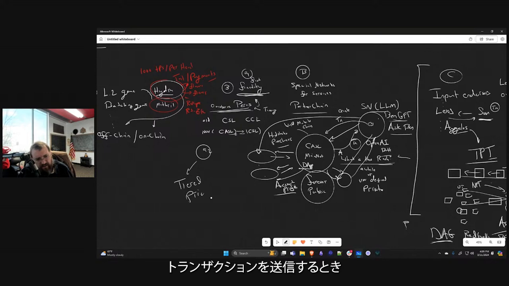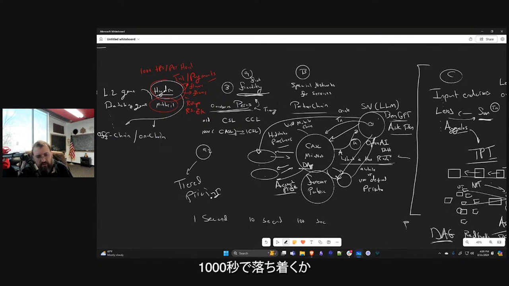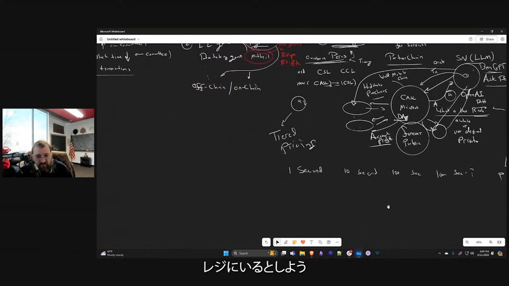Why? Because when you submit a transaction, do you care if it settles in 1 second? Do you care if it settles in 10 seconds? 100 seconds? 1,000 seconds? What's your time horizon on that transaction? Well, let's say that you're at the cash register. You're probably living in that 1 to 5 second range.